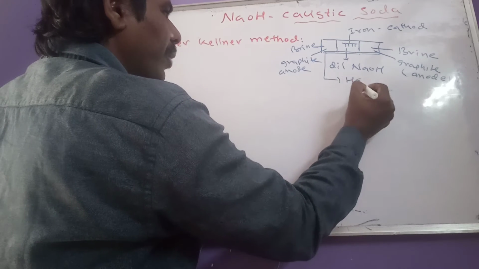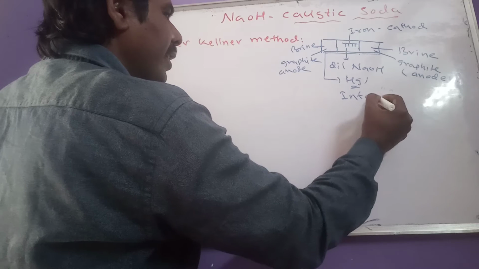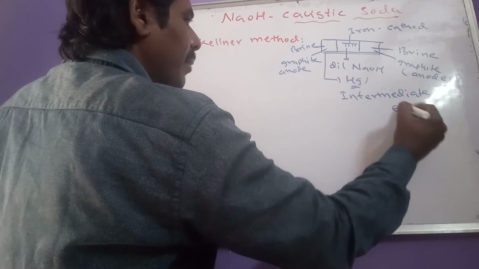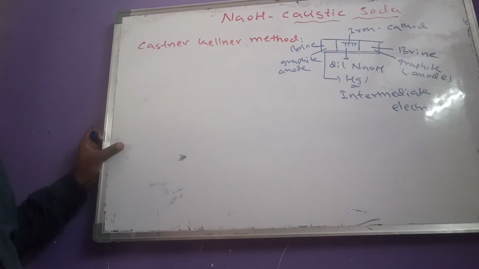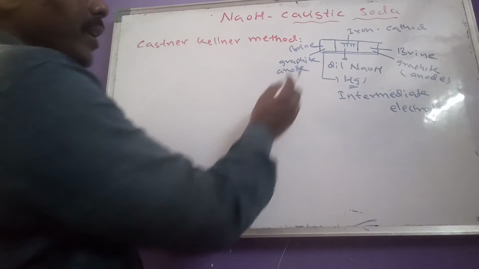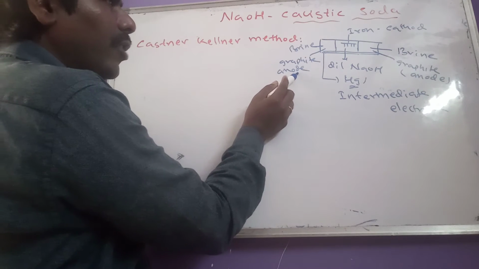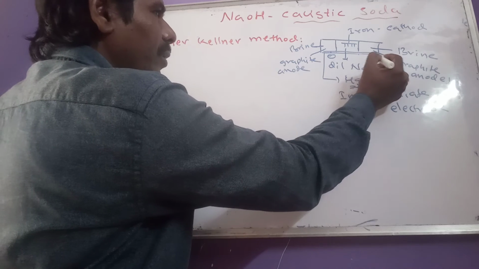Now the bottom layer of this container is covered with mercury, and this mercury acts as an intermediate electrode. Why is it called an intermediate electrode? See here, in the outer compartments graphite acts as anode, but the mercury acts as cathode.